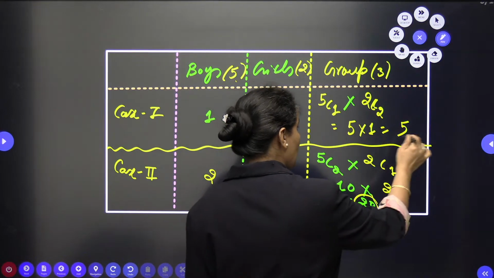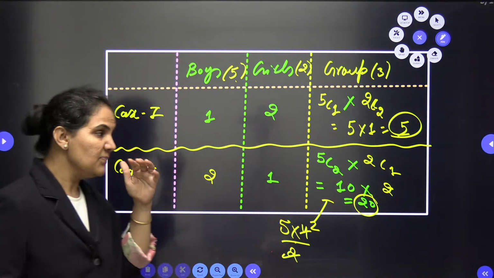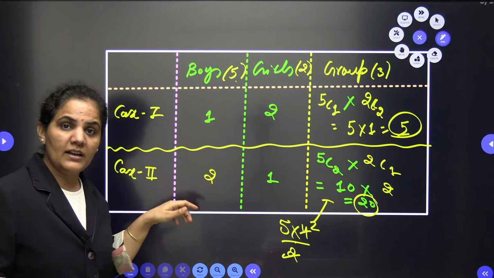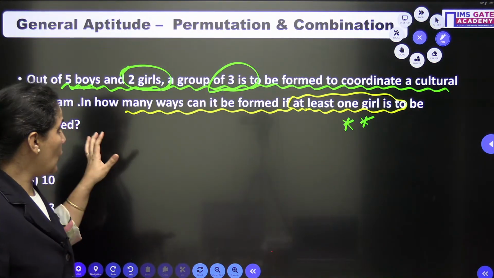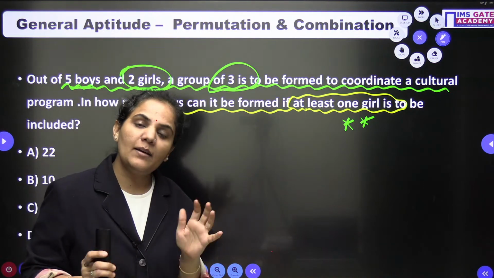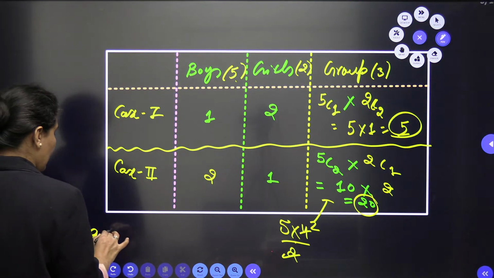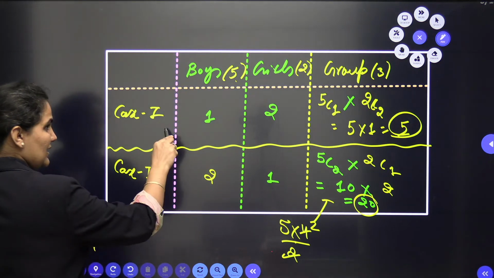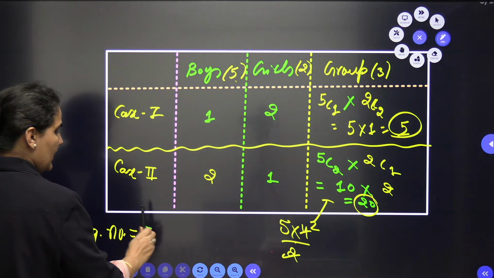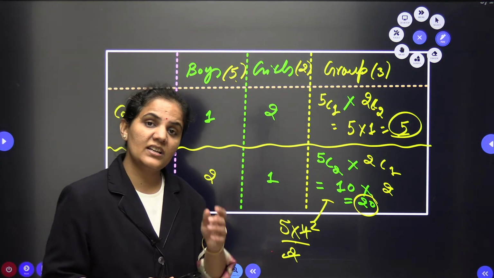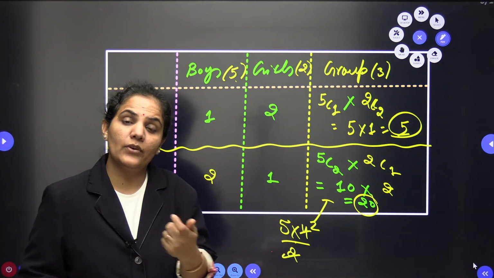So total number of ways. Here we can see that either this case is possible, or this case is possible. The question is asking about how many ways. So total number of ways we need to find out now. You can write down here the required number will be either this one or this one. Whenever in probability or in permutation and combination, the question is giving you the sense of or.